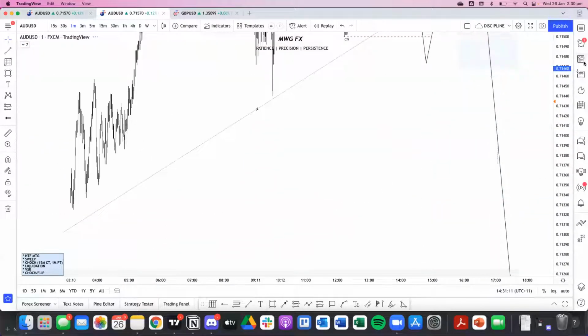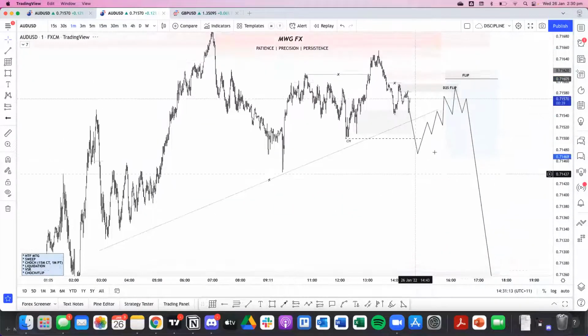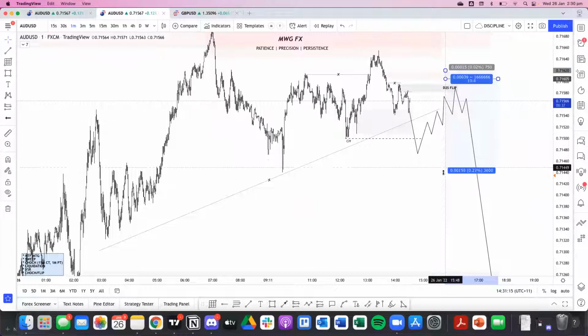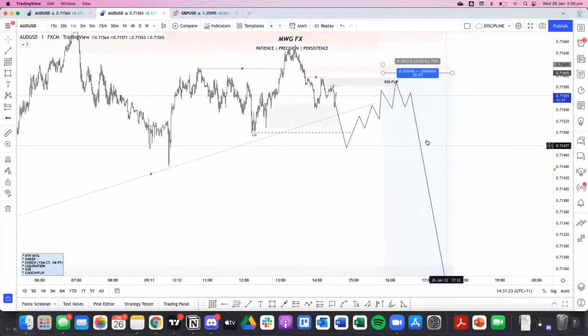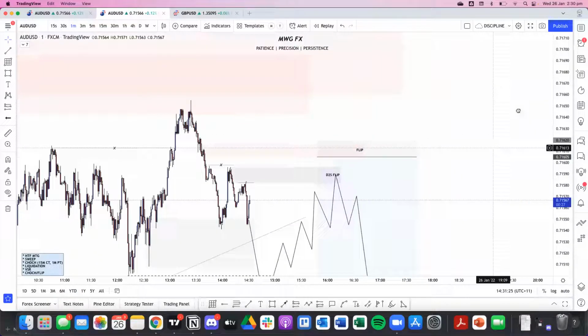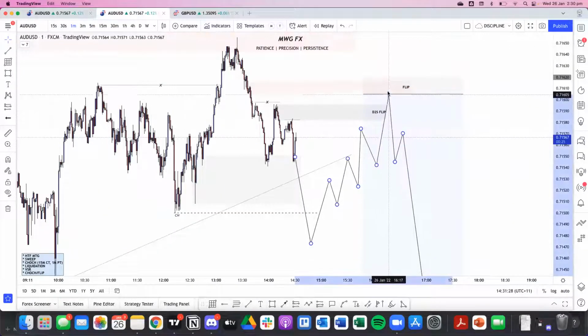Run that to the lows. I would take partials here, 10R, and then even just target this targeted low. So that's what we'd like to see.